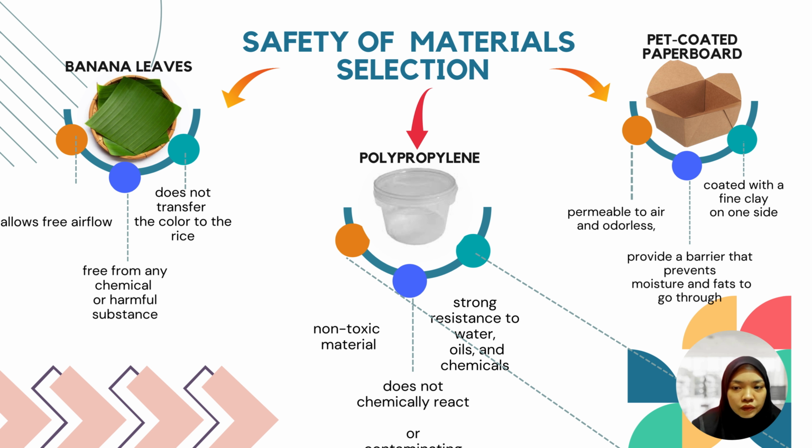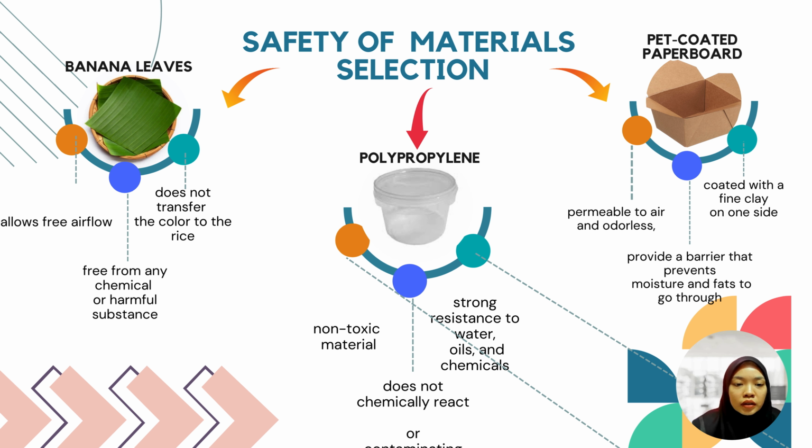And furthermore, compared to the other packaging options, banana leaf allows free airflow, allowing the food to breathe and last longer. This airflow aids in preserving the quality and freshness of nasi lemak, and therefore banana leaf is safe to use in food packaging by ensuring the stability and the quality of the product.